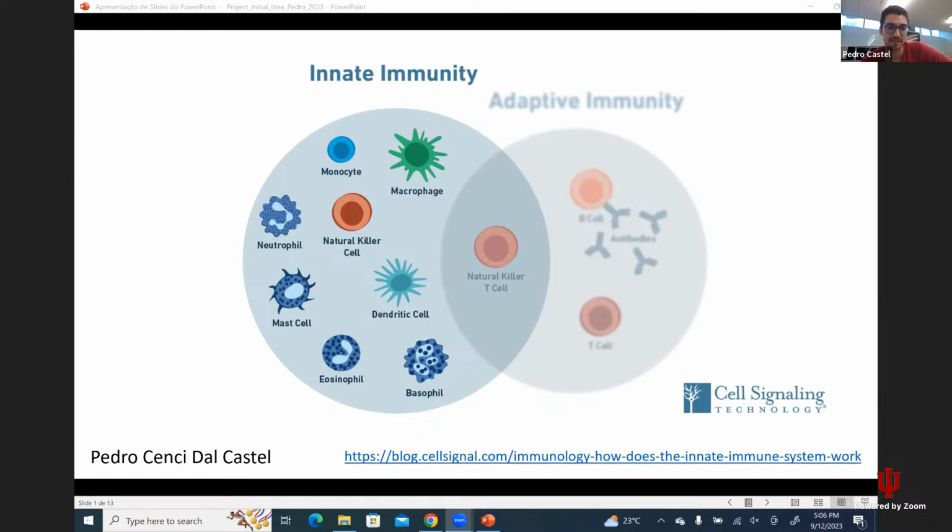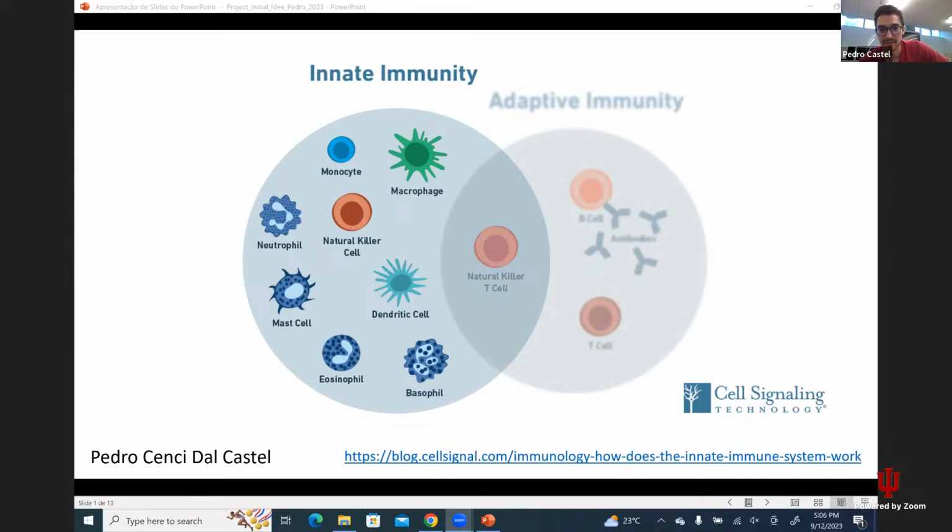So if you're infected by dirt, I don't know, this is probably not an infection, but if some dirt gets in your skin, it is able to defend itself against that dirt. But when you get the same dirt on the same spot a few weeks or months later, it's not more effective against the dirt because innate immunity doesn't have memory.